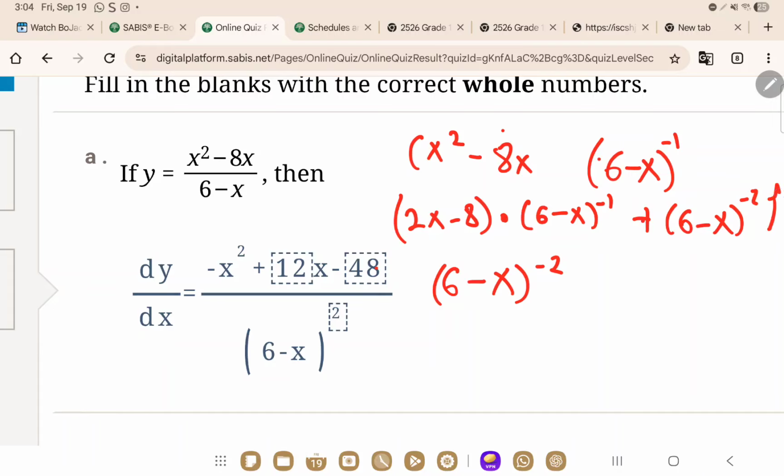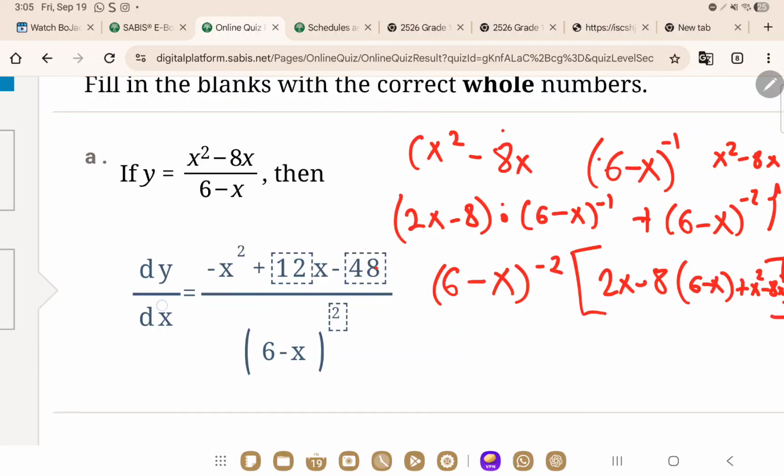So now you have all of this into 2x minus 8 into (6 minus x), plus x squared minus 8x, and you close the big brackets there.